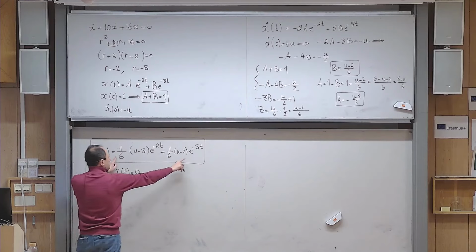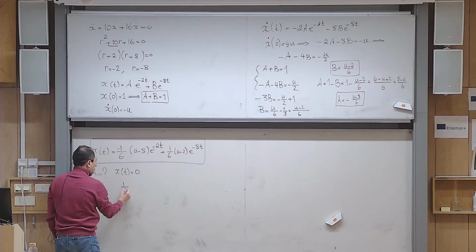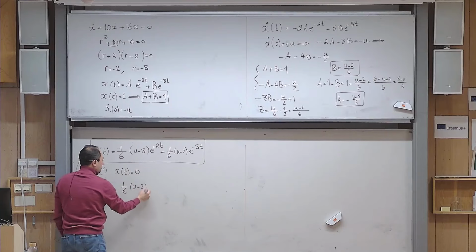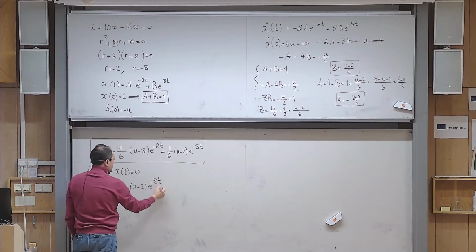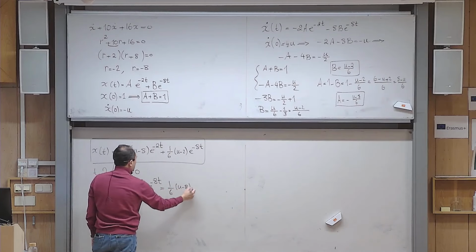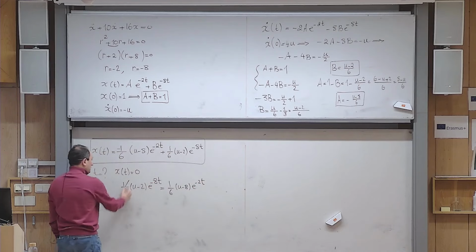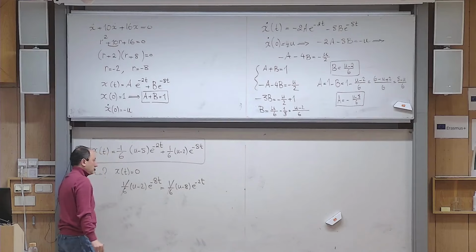So if I put this equal to 0, I move this to the other side, so this means that 1 over 6 u minus 2 e to power minus 8t becomes equal to 1 over 6 u minus 8 e to power minus 2t. Okay, so this 1 over 6 and that 1 over 6 are gone.